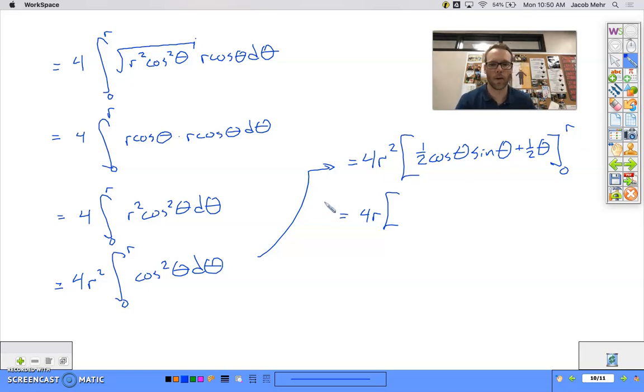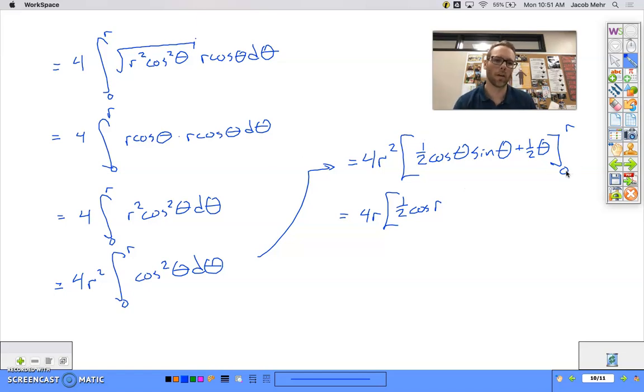Okay, so we found our antiderivative. We use what we've done in the past, which we like to be able to do. Now let's substitute in our r, substitute in our 0. So we have 1/2 cosine of r? What do you mean cosine of r? Oh, I totally forgot to do something.